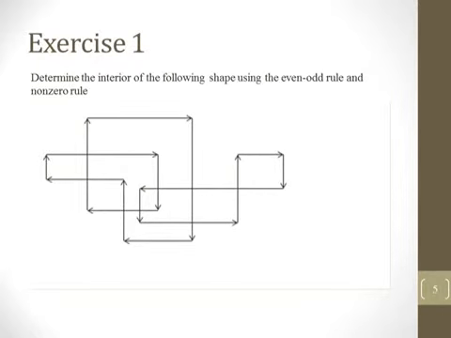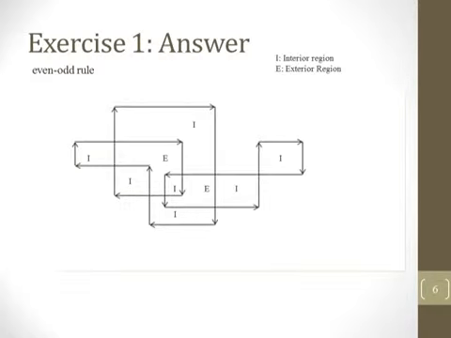The second question is to determine the interior of the following shape using the even-odd rule and the non-zero rule. First, for the even-odd rule, we take from each region a straight line from the region to the outside and count the number of line crossings.